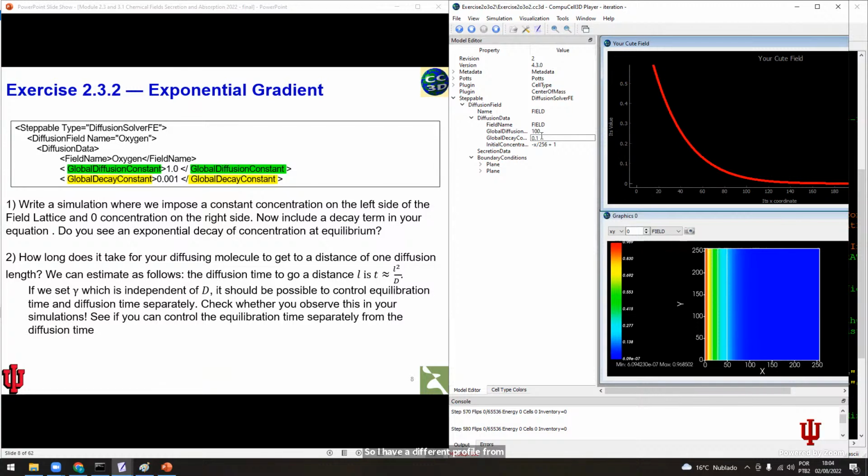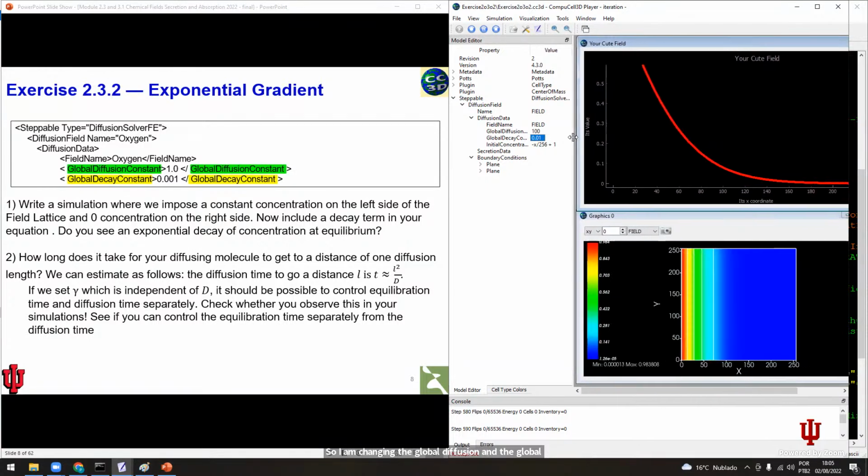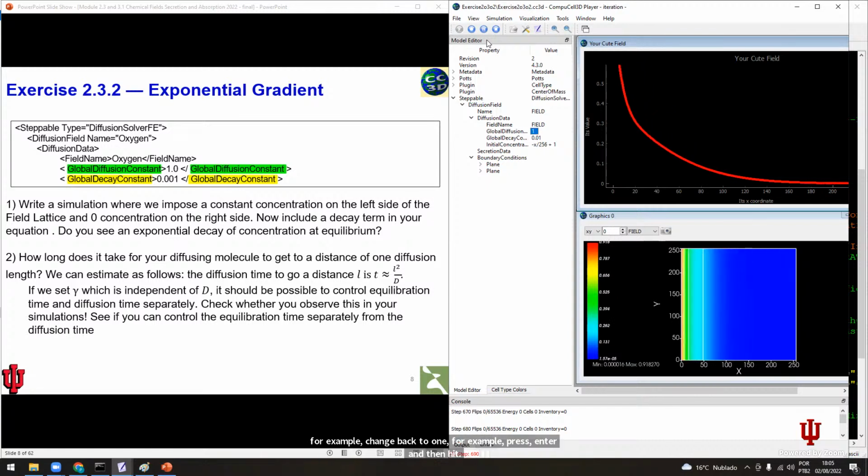And if I reduce my decay coefficient, sorry, I'm going too fast again. I am changing the global diffusion and the global decay coefficients inside the model editor still, okay? So you hit pause, click on the value, change it. For example, I'll change it back to 1, press enter, and then hit play again. So you'll see that you get another profile.